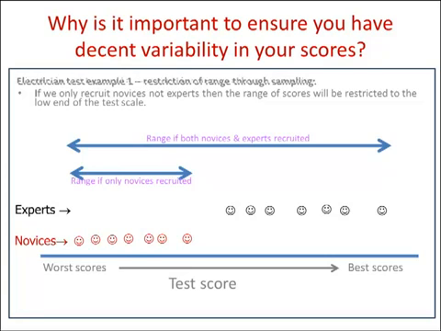So we're running a risk, if we test using just novices, of getting that truncated score, and therefore a restriction of range and an underestimate of the true validity coefficient. So that would suppress the correlation.